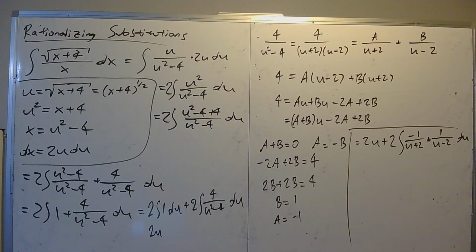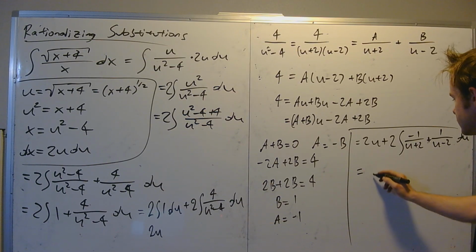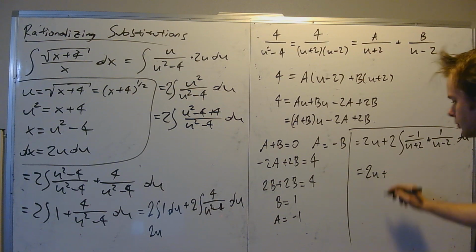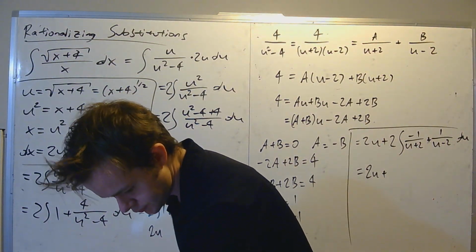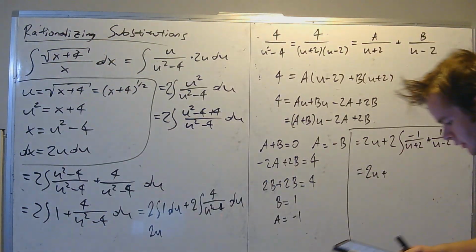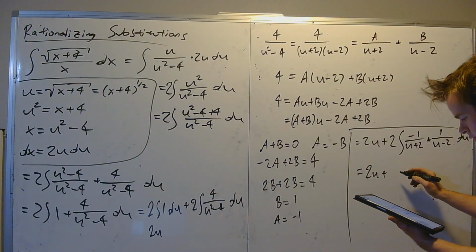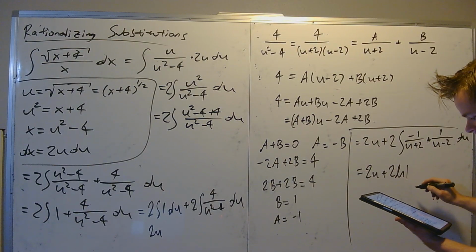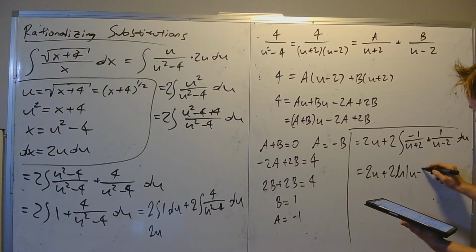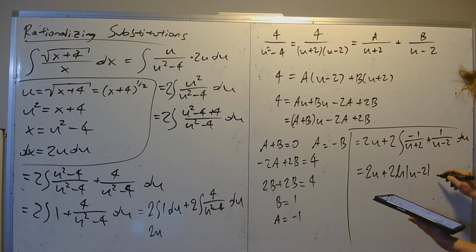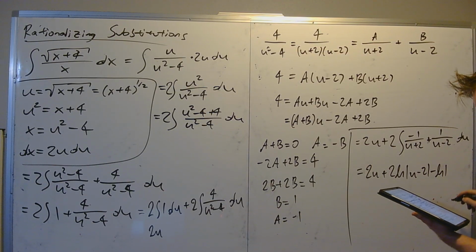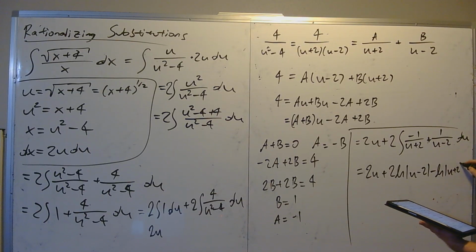And now we can just go ahead and solve this. Using u substitution, you'd use a letter other than u, because we already have u. But you're going to get, eventually, 2u plus 2 natural log of the absolute value of u minus 2, minus 2 natural log of the absolute value of u plus 2, plus a constant C.